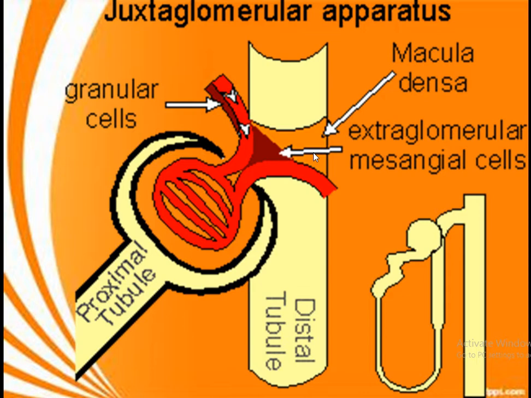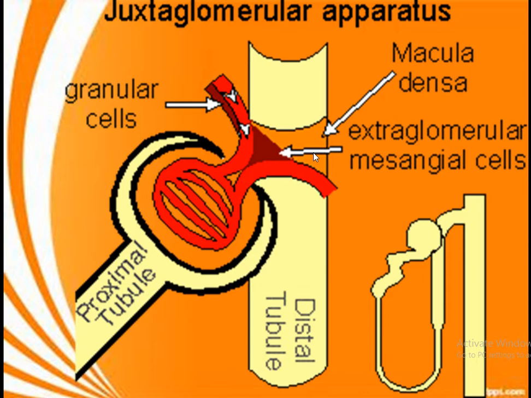Secondly, these are the specific cells which have the sodium sensor. Whenever there is a decrease in the sodium concentration, at once they are stimulated, and they manage the whole mechanism accordingly.